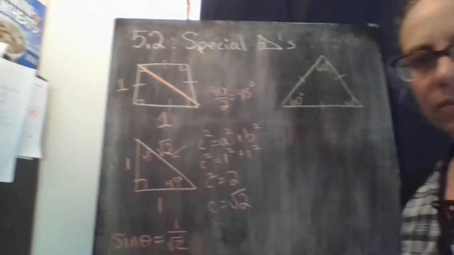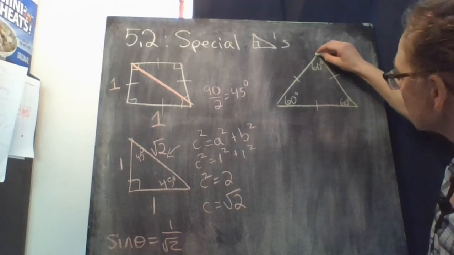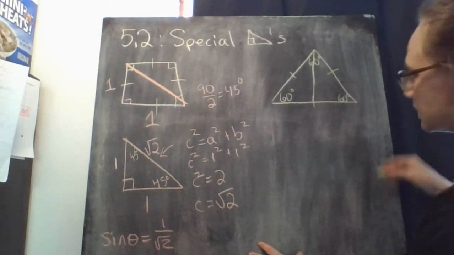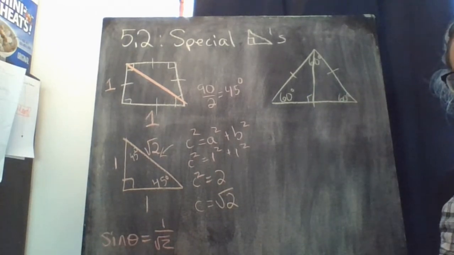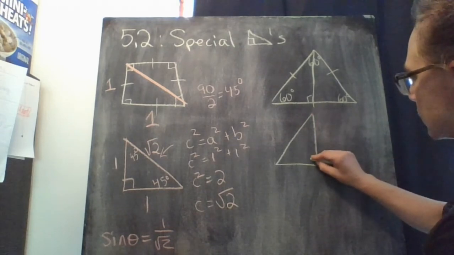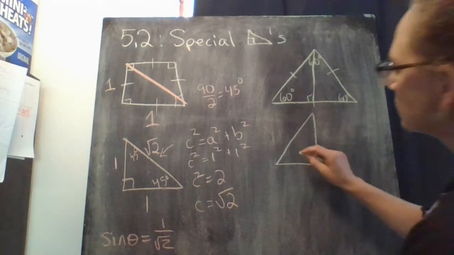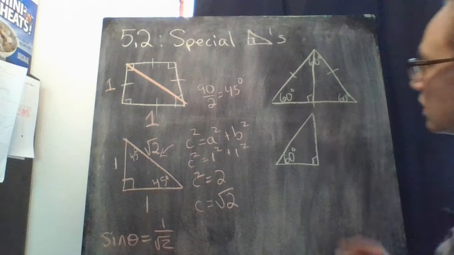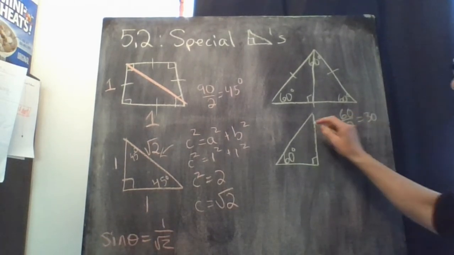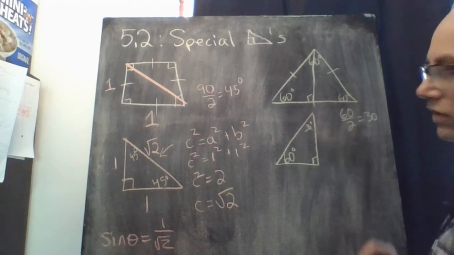So if I drop my middle line down to my midpoint, what's that called, a median? And I split it exactly into 2, well, what have I just created? I've just created a right angle triangle. It's got 60 degrees here. What's half of 60? Well, that's 30 degrees.